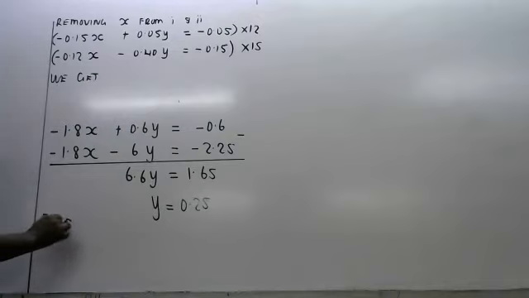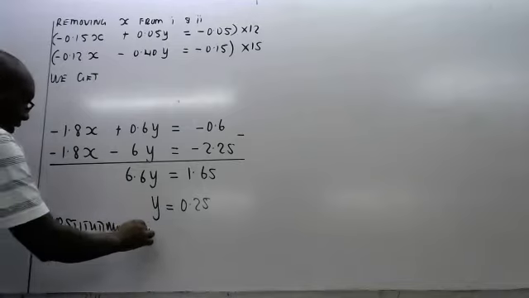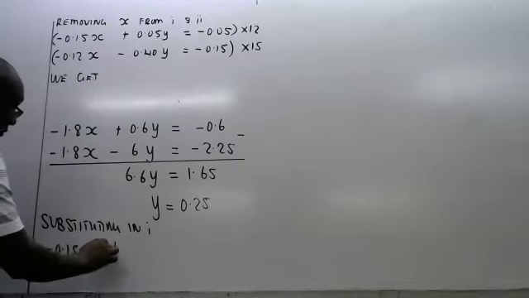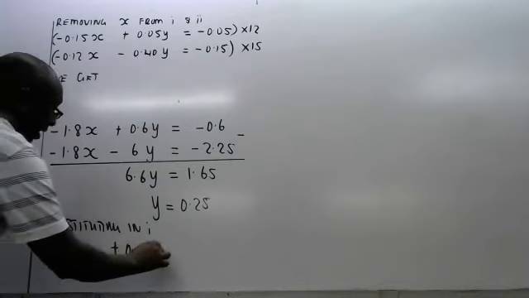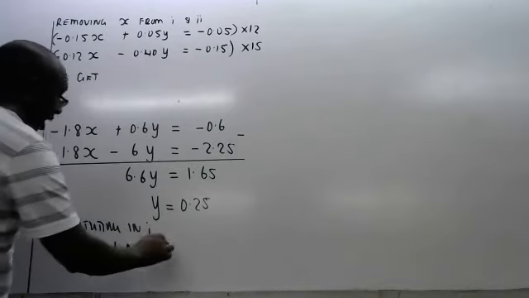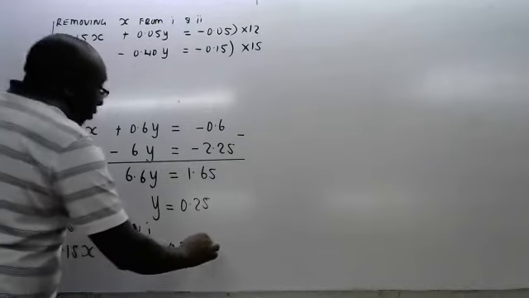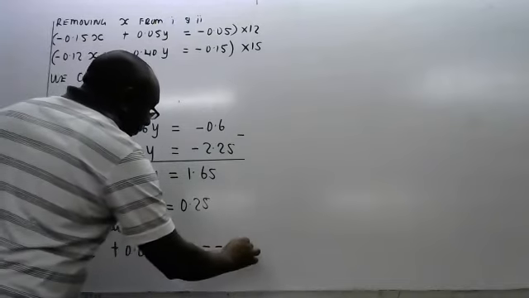Then I would say substituting in 1, it will be minus 0.15x plus 0.05 times 0.25 is equal to minus 0.05.